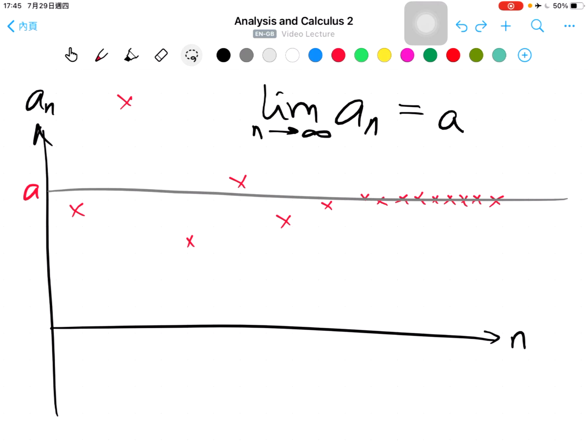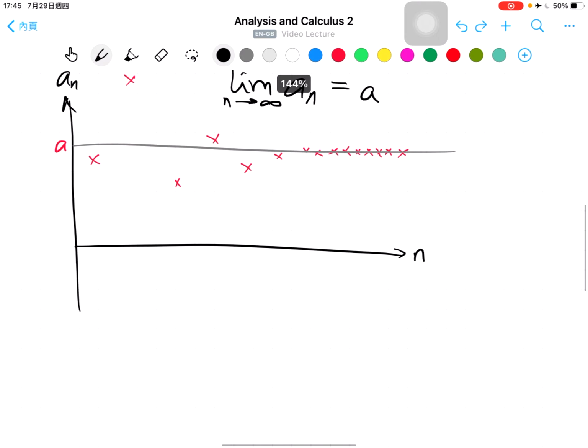That means if I can find such a number N, capital N, positive of course, since we're dealing with a sequence, so we don't want negative indices, right?